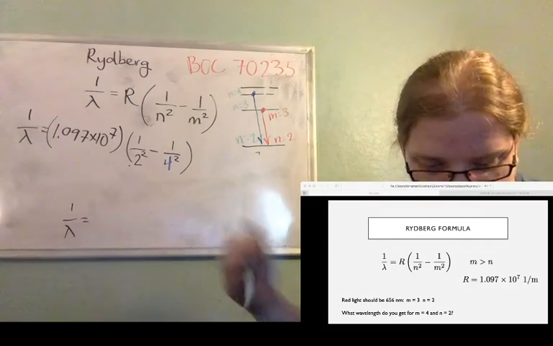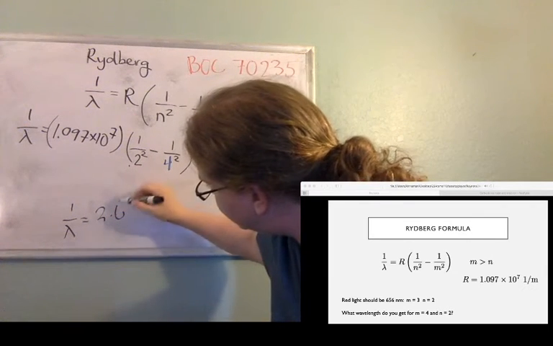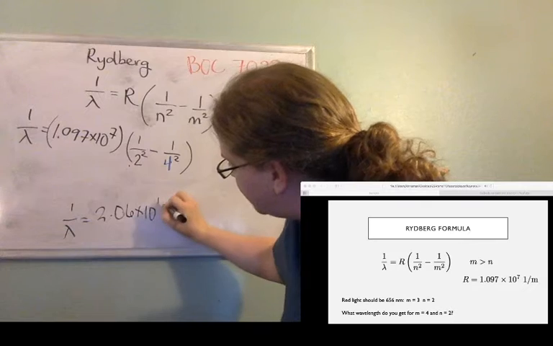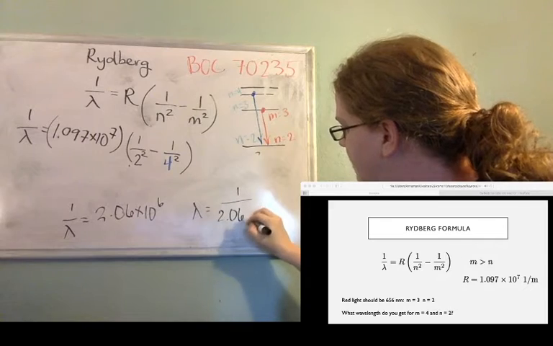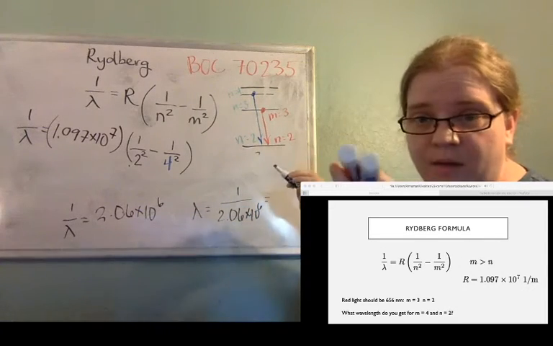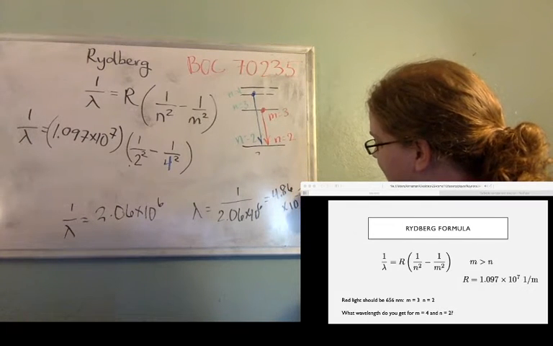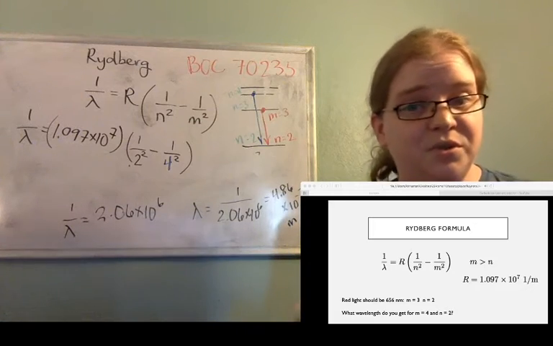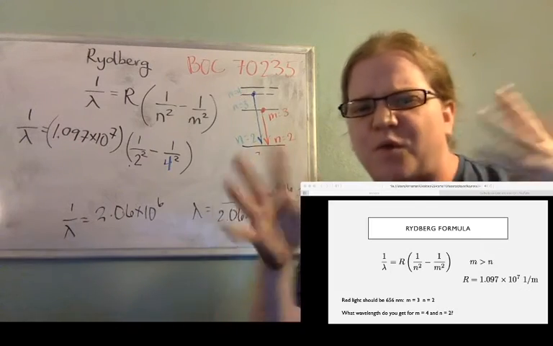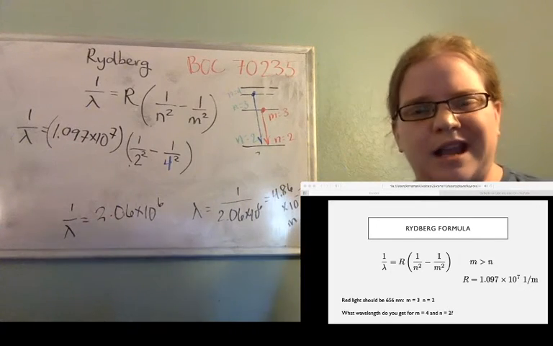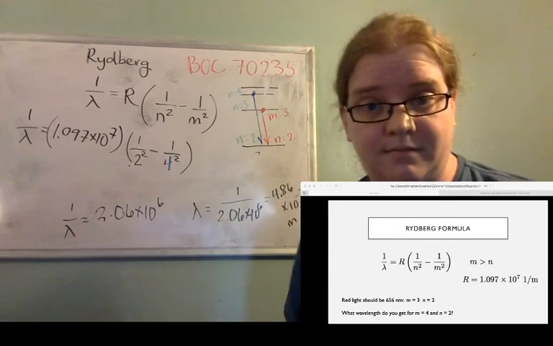I get 2.06 times 10 to the positive 6, and then the wavelength will be 1 divided by that. And I did get what Frankie got, which was 4.86 times 10 to the minus 7 meters. And that is blue light. Blue usually is in the 400s, maybe 450-ish, and we're kind of near that, 486. So this is going to be a blue light that you would get from that.